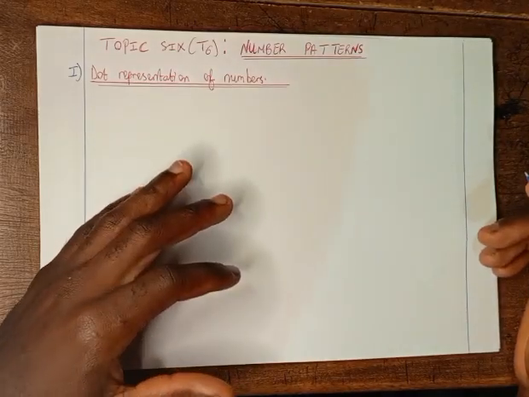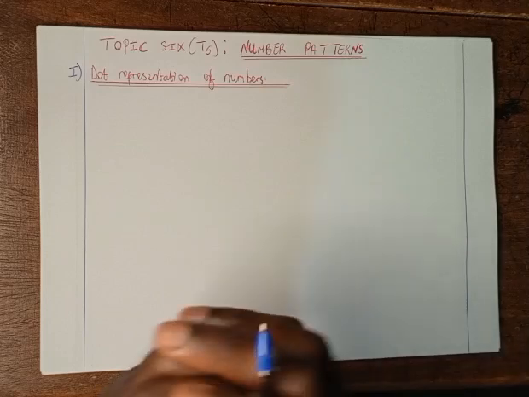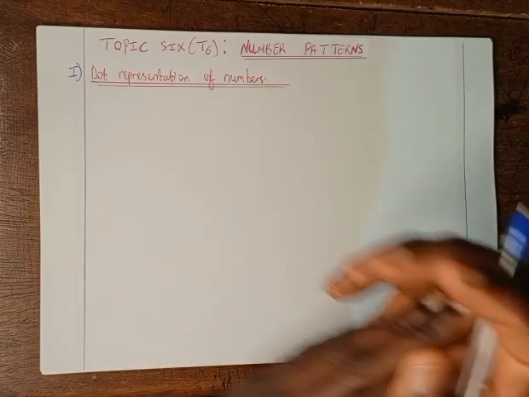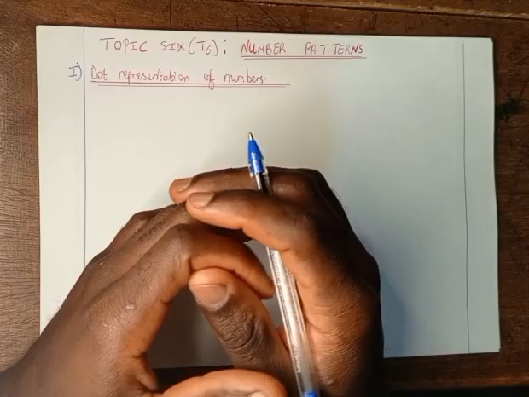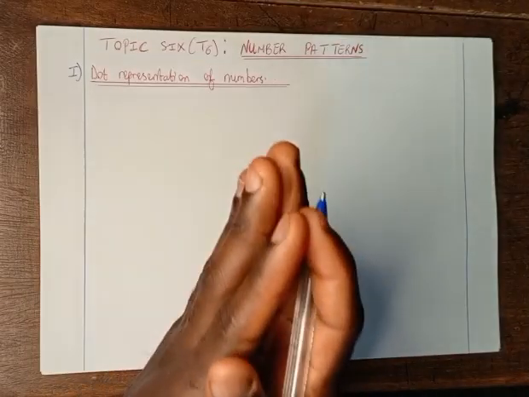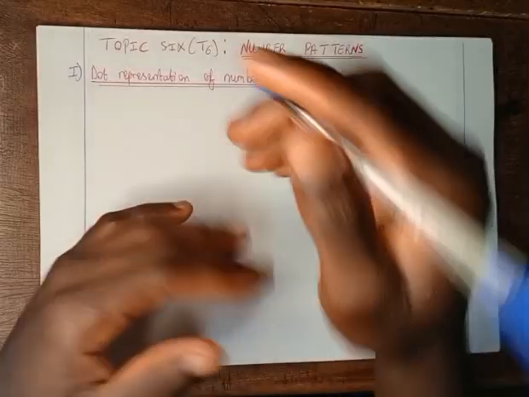When we talk of plane figures, that means rectangles, squares, or triangles. Dot representation of numbers is simply the representation of numbers in plane figures using dots.